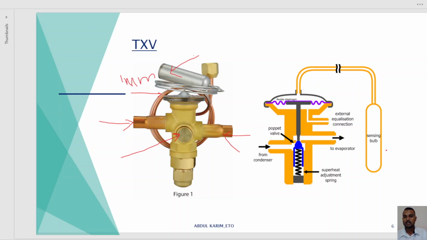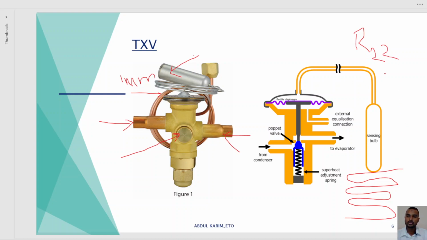Okay, so let's come to this picture. We can see here a sensing valve, also called the thermal valve. This sensing valve is located on the outer part of the evaporator. Suppose this is an evaporator, and within this sensing valve there is a refrigerant. Suppose our system's refrigerant is R22. The same R22 refrigerant will be used in the sensing valve or thermal valve.